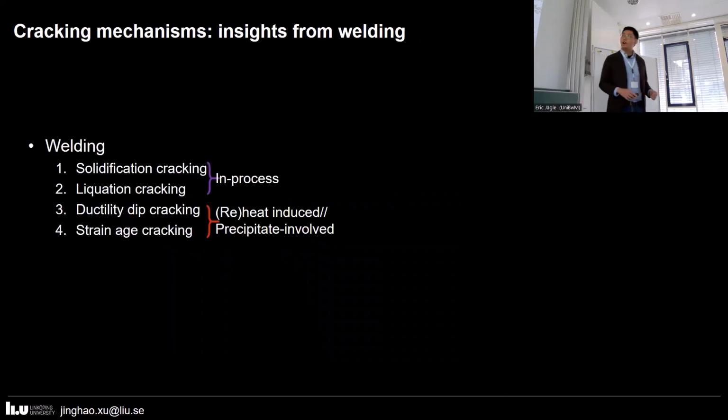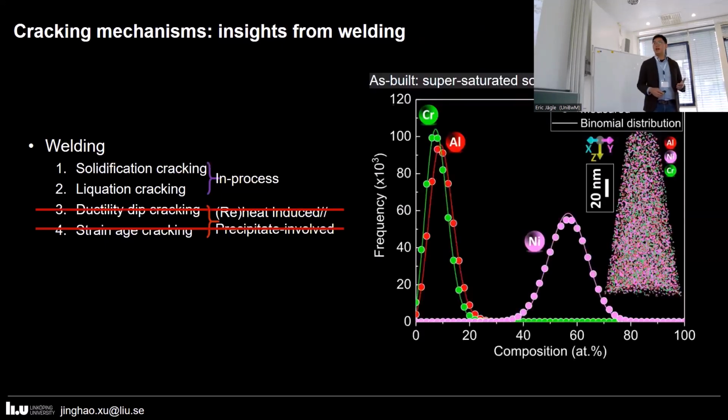Regarding the cracking mechanisms from welding, there are four well-defined mechanisms. The first two, solidification cracking and liquation cracking, occur during the process. And of course, there are the third and fourth, which are ductility dip cracking and strain age cracking, which require the involvement of precipitation to happen.